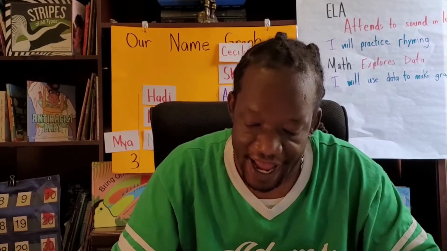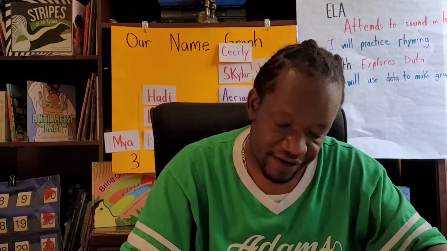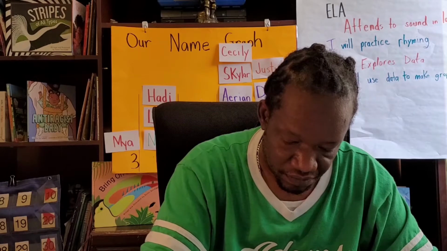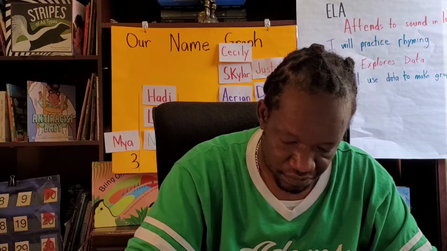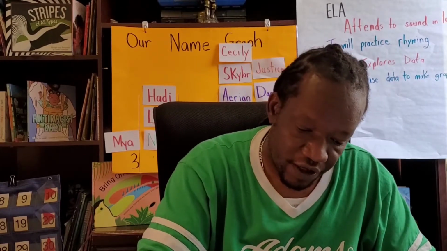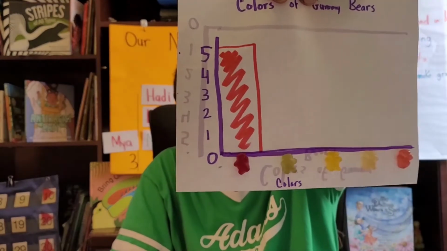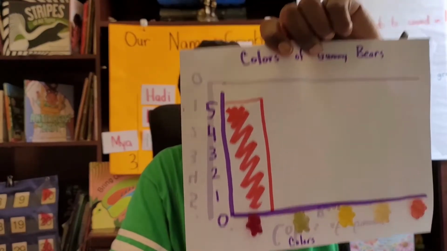So we're going to make a line on our graph for the number 5. For 5 red bears. And then we'll color it in. So it shows me I have 5 red bears.